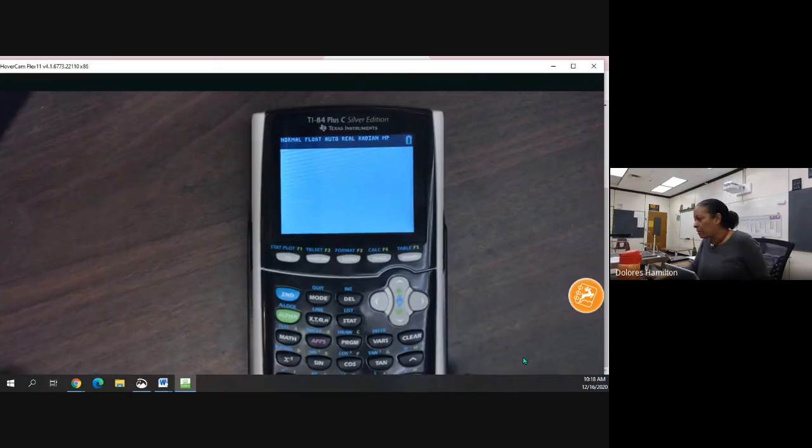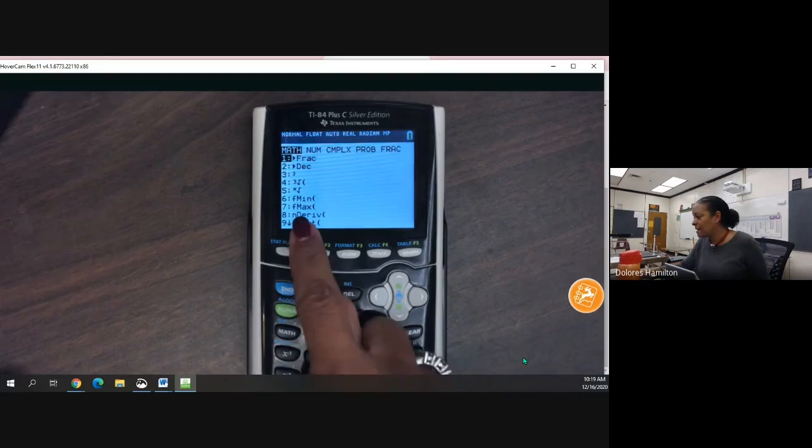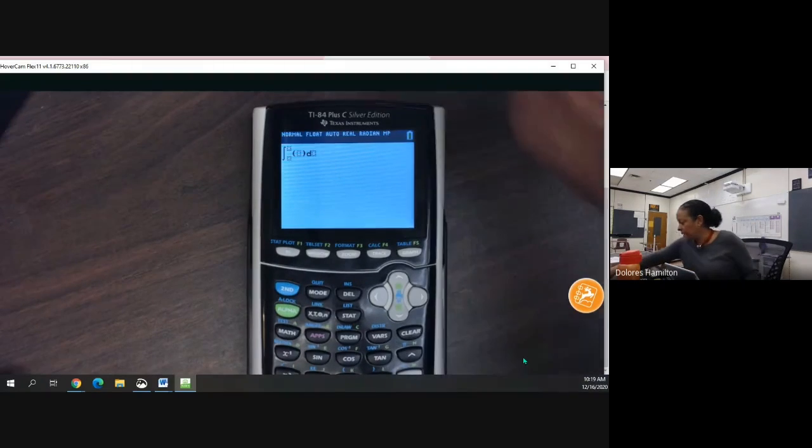Here comes our calculator. So here is the one thing that we're going to be doing. We're going to be evaluating some of these definite integrals using our graphing calculator. So we're going to go to Math, and it's number 9. And hopefully you can see this. Zoom in a little bit.